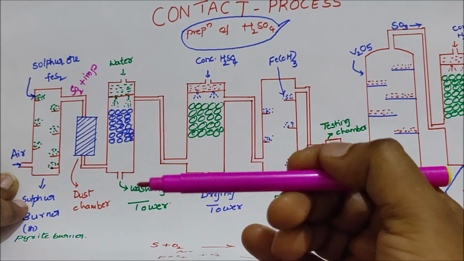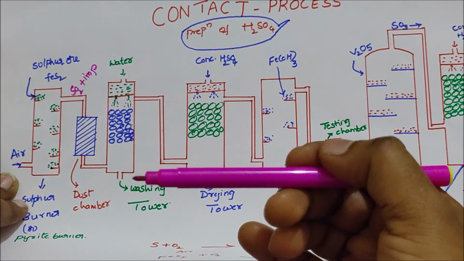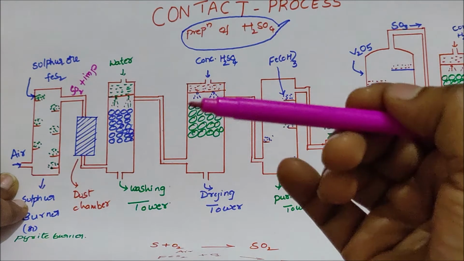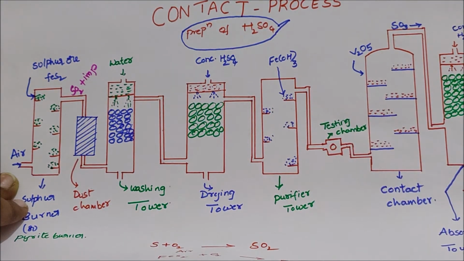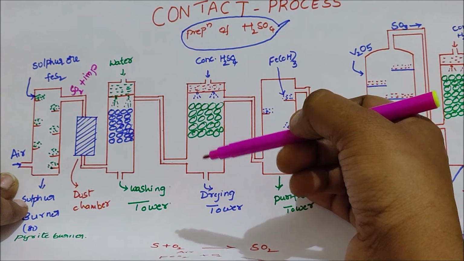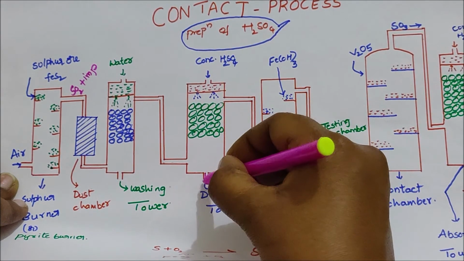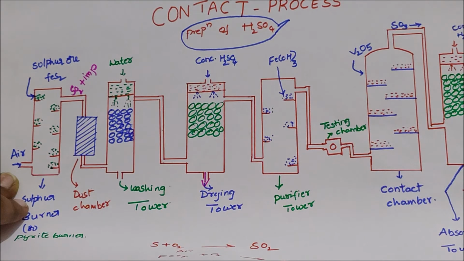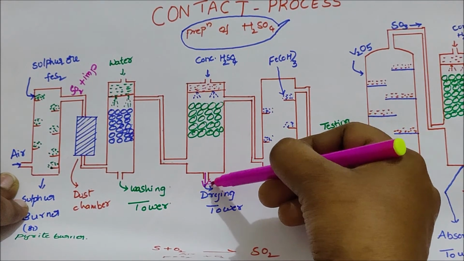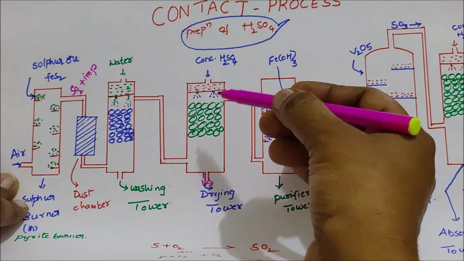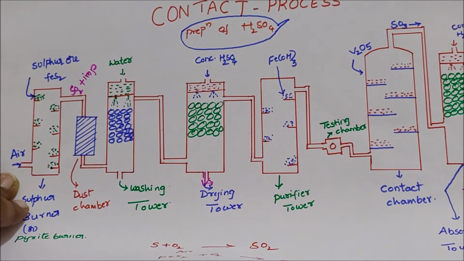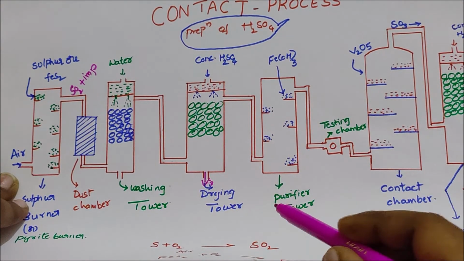Some impurities are coming out through this inlet, and then the sulfur dioxide is passed through the drying tower. In the drying tower, some waste gases or waste sulfuric acid are removed through this inlet, and then the sulfur dioxide is passed through the arsenic chamber, that is the purifier chamber.